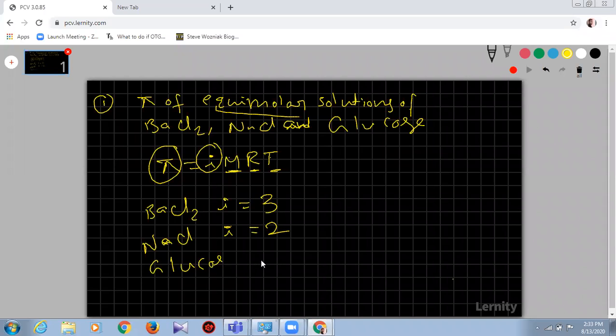It neither dissociates nor associates. That's why the Van't Hoff factor is 1. That's why osmotic pressure is more for BaCl2, then NaCl, and then glucose. Okay, so this is the one question.